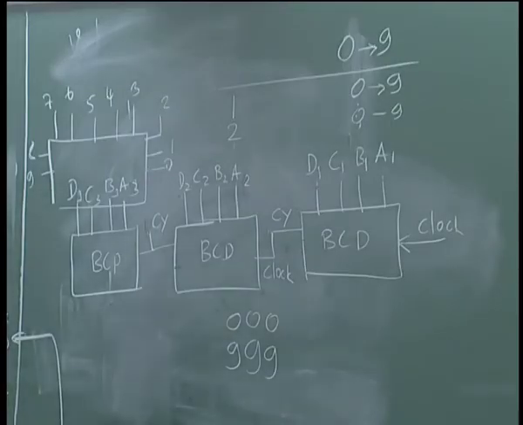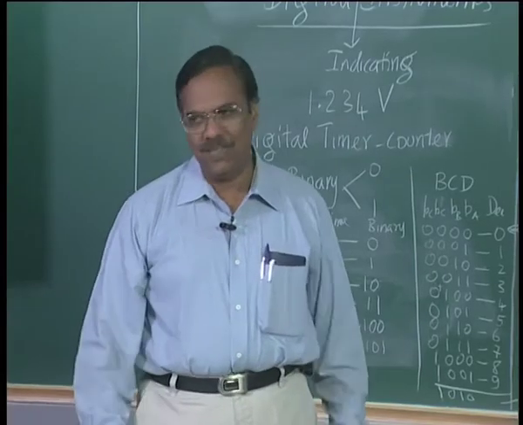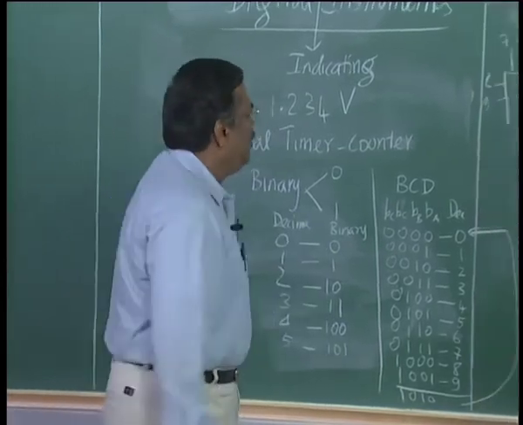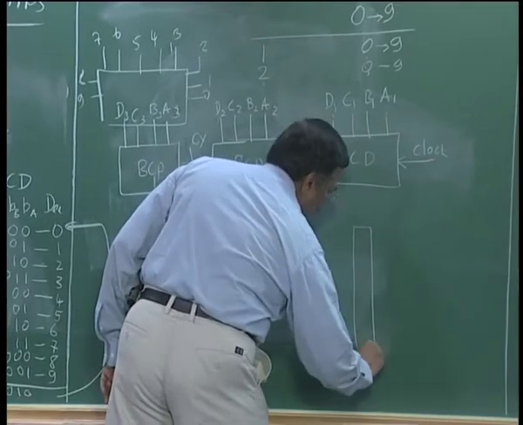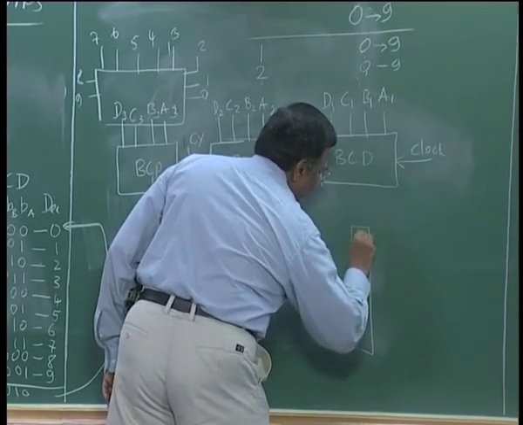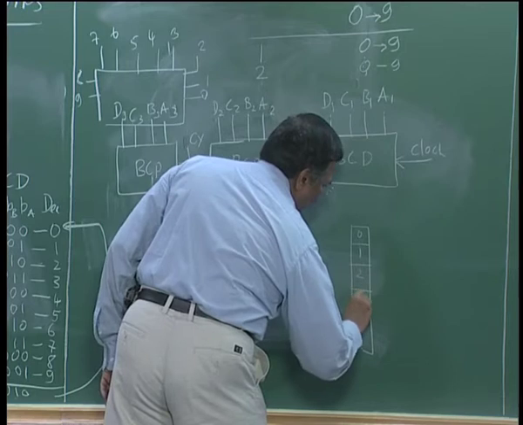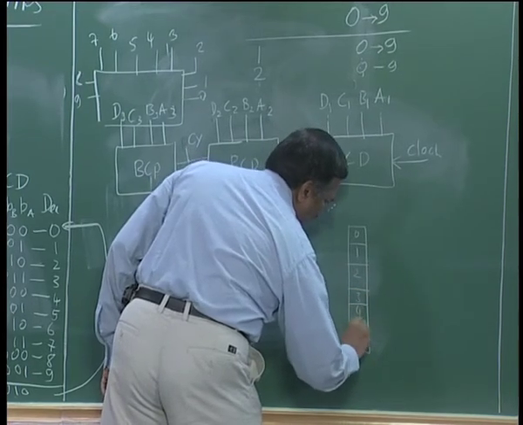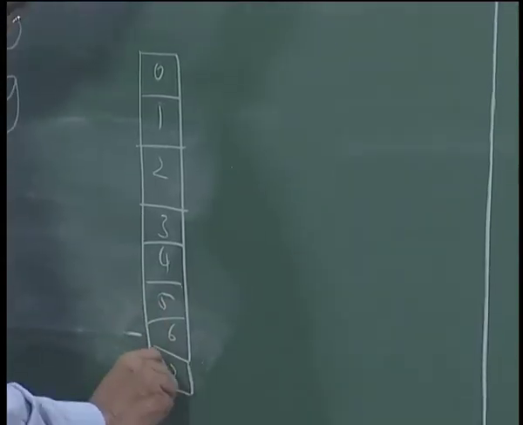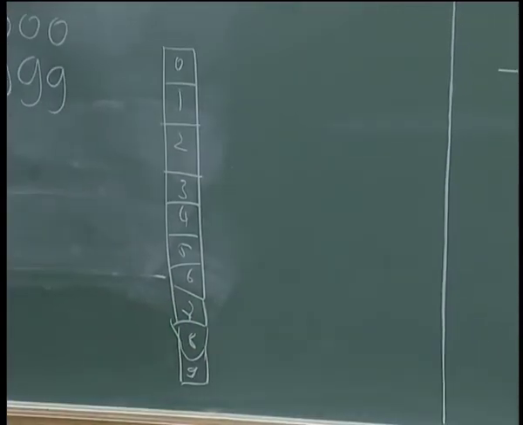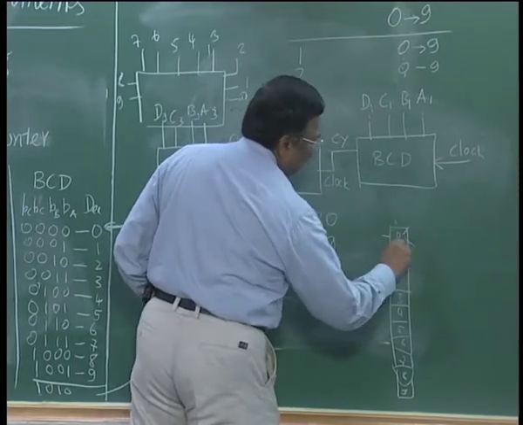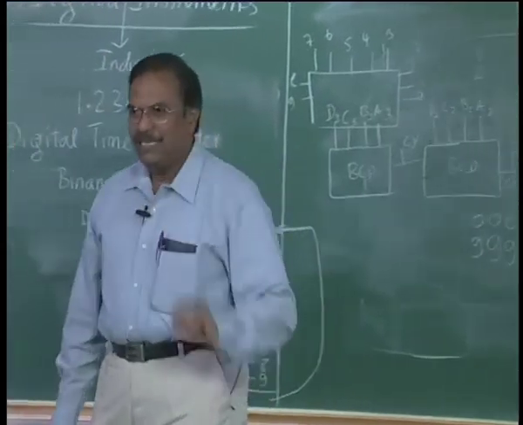We still have an IC in the CMOS logic family, CD4017, which will do this job, right. And then you have a system 0, 1, 2, 3, 4, 5, 6, 7, 8, 9, and if this 0 is enabled, you make that display glow.